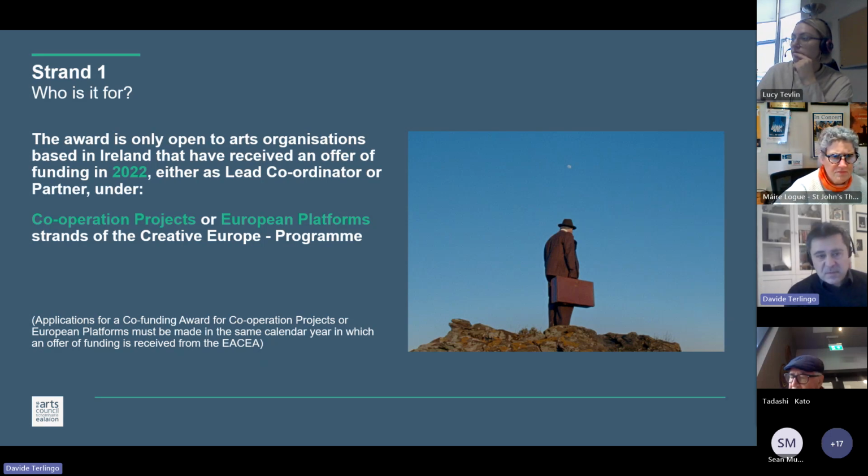So only these two. Applications for the co-funding award can only be submitted by organizations that have received funding in the same year, so this year essentially, from the European authority.